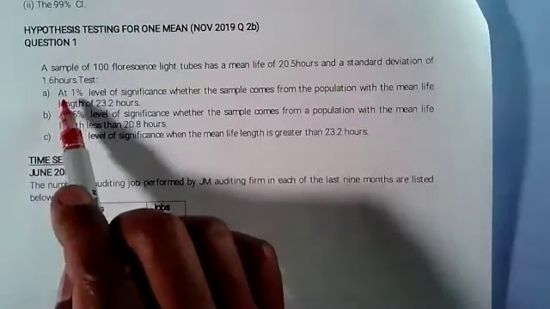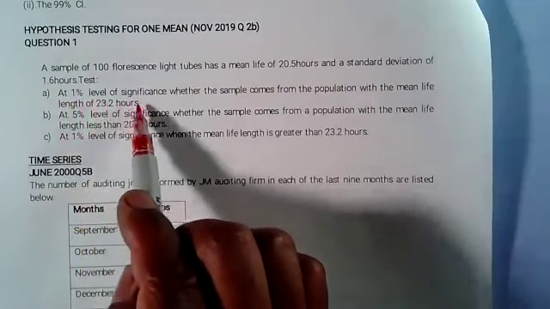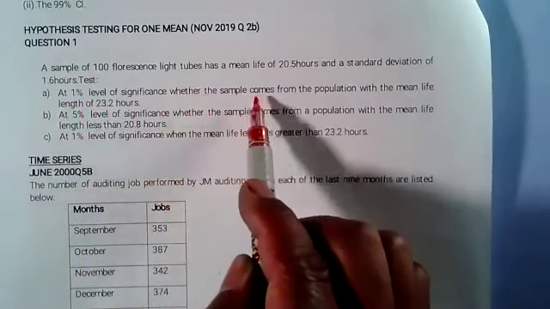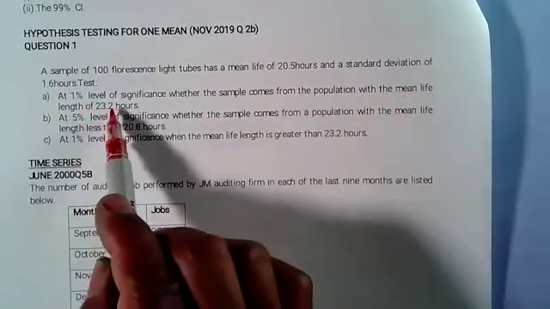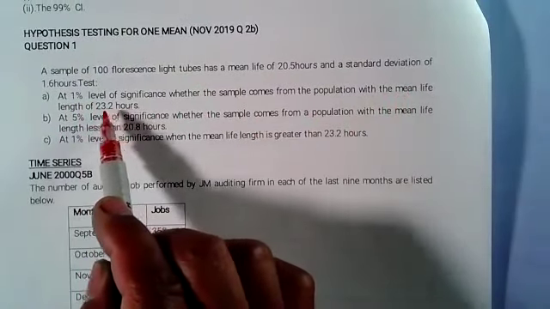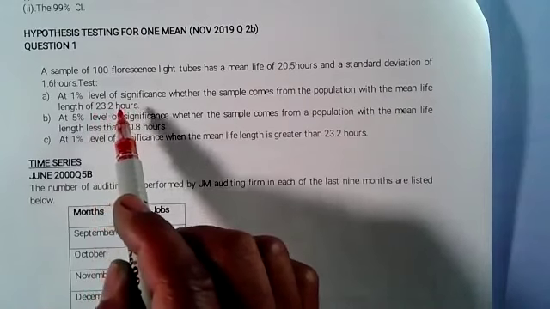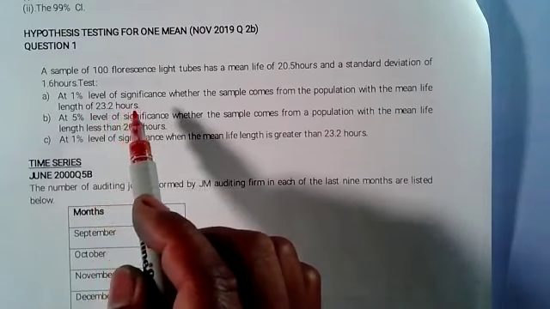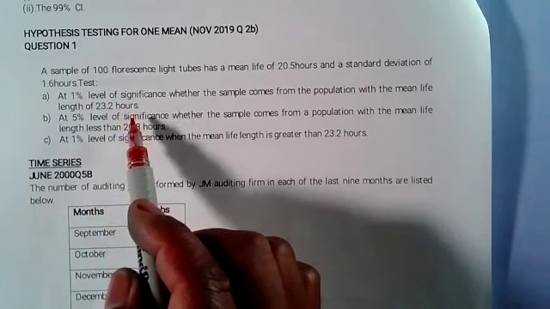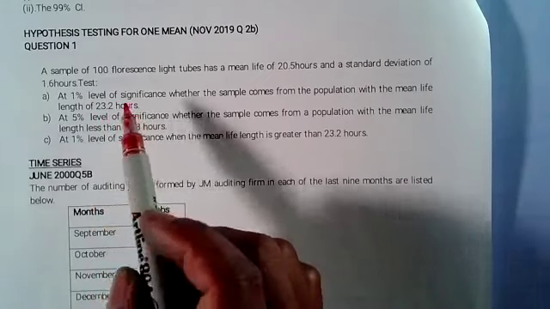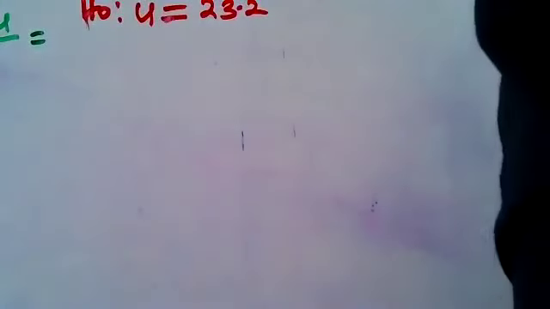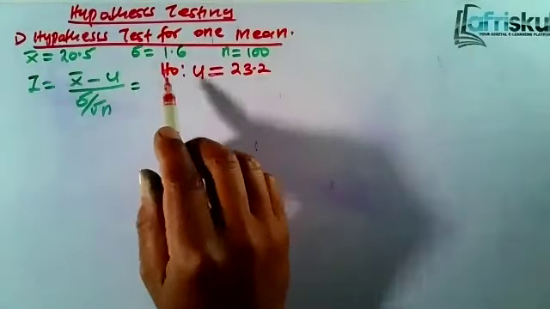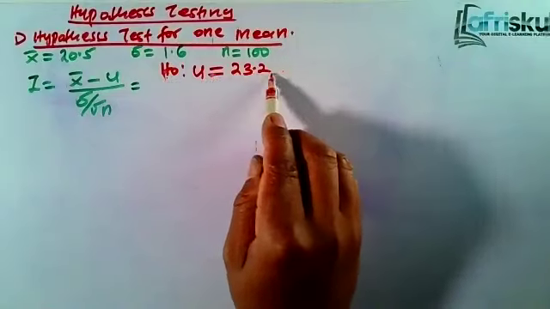A, you're supposed to get at 1% level of significance, whether the sample comes from a population with a mean life length of 23.2. You see, in this case, haujapewa population yake. So that's what you call U, or mean for a known population. Na tunatafuta at 1% significance level. So, ndio nasema, null hypothesis utasema U is the same as 23.2.